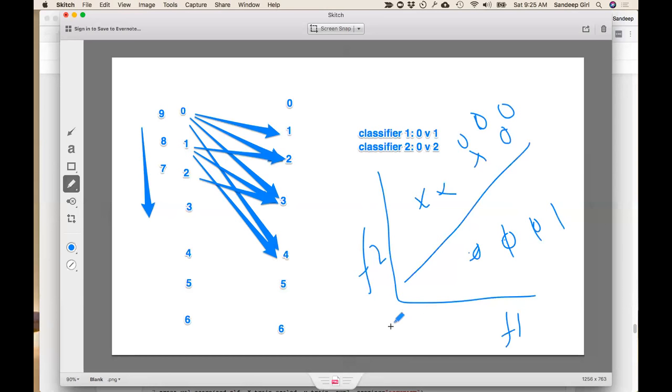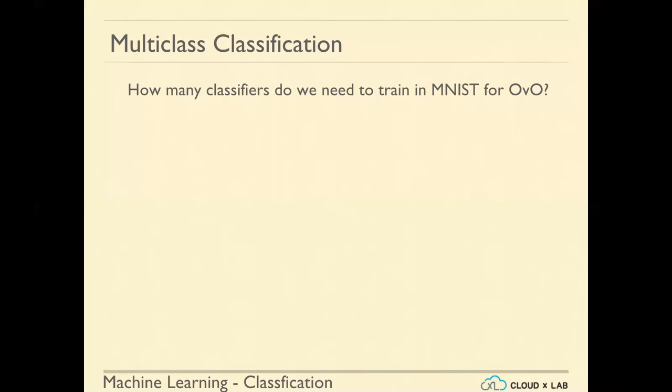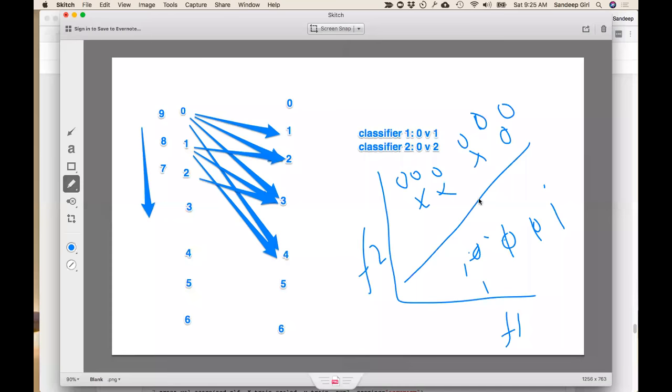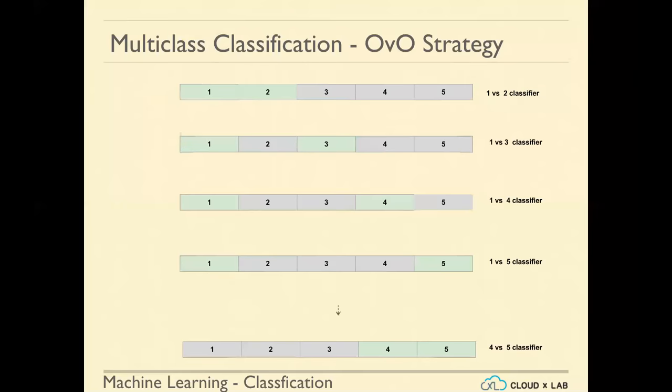And similarly, this kind of classifier is going to create 45. All right, let's take a look. So they're going to be 45. Good.